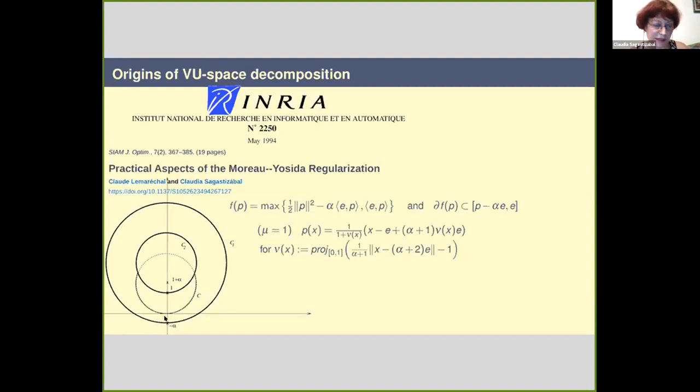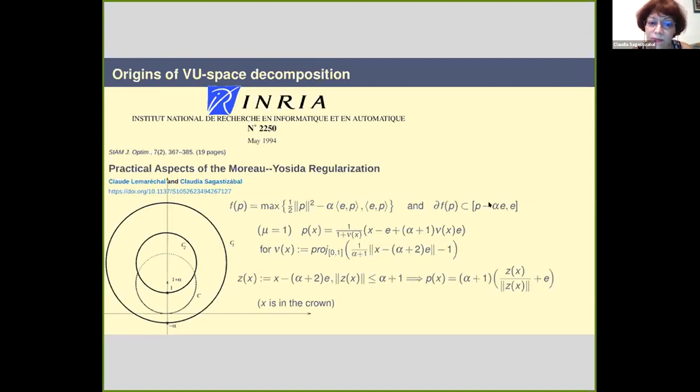It is in this article, and here I reproduce it. It doesn't really matter much what the expression is, except that for all the points in this crown, another thing, this function is minimized at 0. And at 0, the subdifferential is minus alpha e.